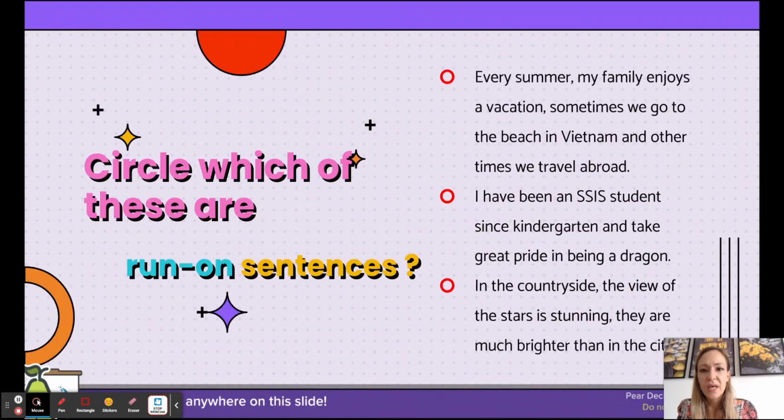Okay, so now let's look at run-on sentences. Pause for a moment and let you read these. Which ones don't have enough punctuation?